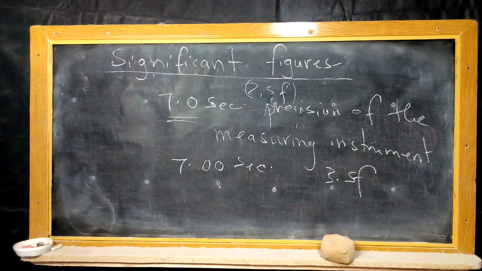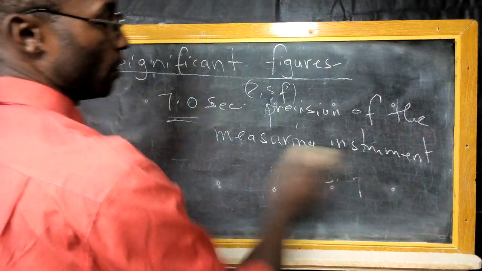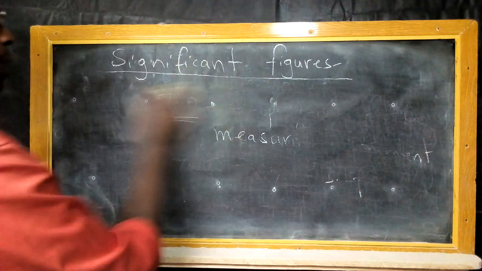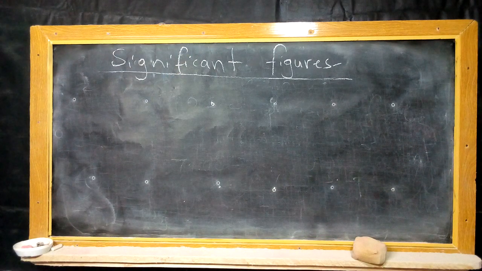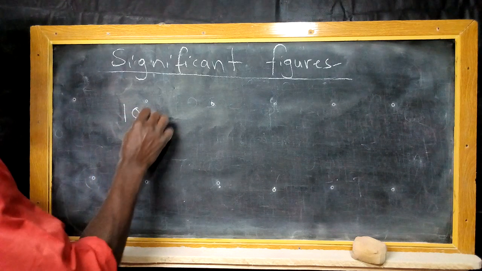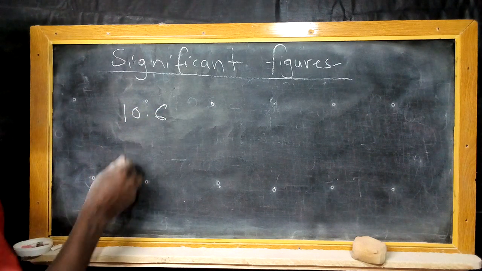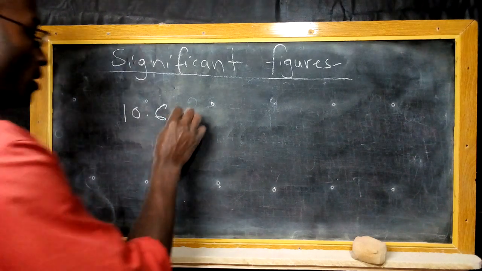Now the number of significant figures, in units of measurement like centimeters, millimeters, meters or kilometers, is independent of the unit. Suppose I have a measurement, maybe the one that we have used for that distance, that is 10.6, and this one is indicated in centimeters.